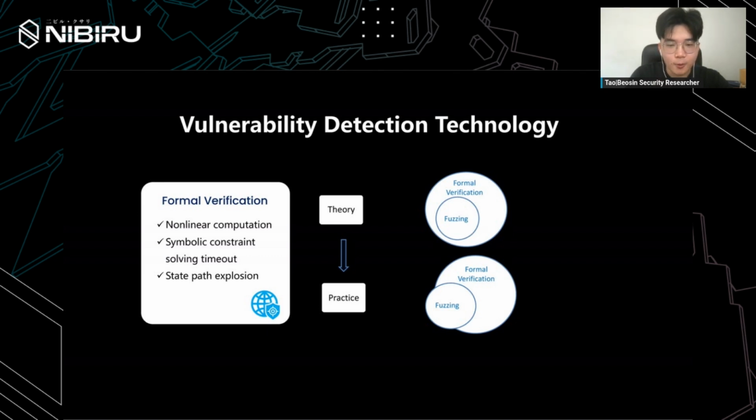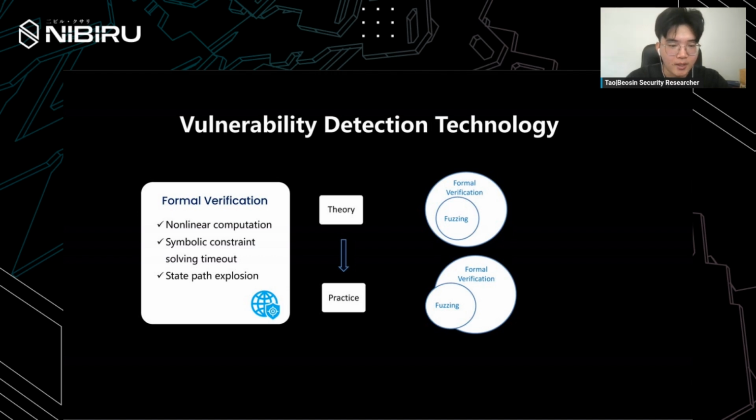So here's the relationship between fuzzing and formal verification. First, here are the constraints of formal verification. As we just mentioned, we need to analyze the code or the business logic and write the formal specification. For many programs it's nonlinear computation, and it's hard to write the correct formal specification.